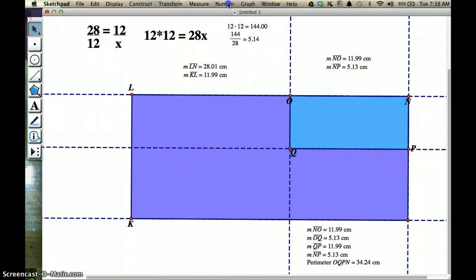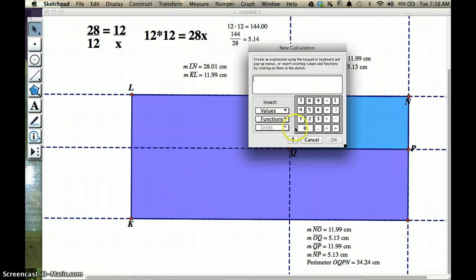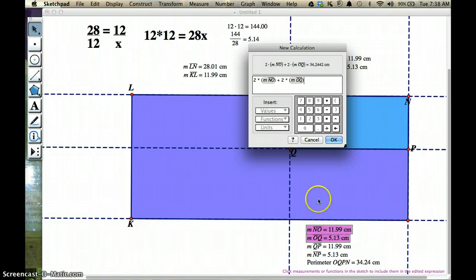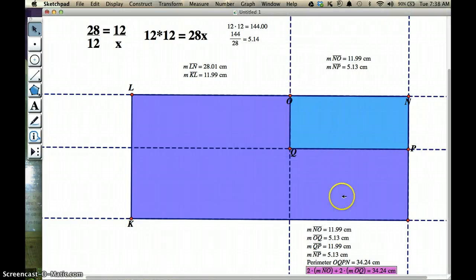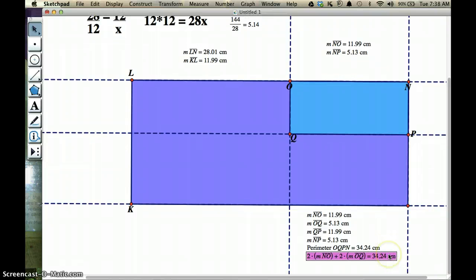Another way of calculating this is I can go to the calculate toolbar and I can do 2 times parenthesis L plus 2 times parenthesis of W, which also gives me 34.24 centimeters, or feet in our case.